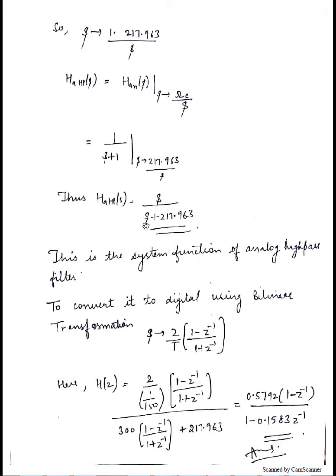Similarly, in the denominator we have S, again we will keep these values, 300, 1 minus Z inverse by 1 plus Z inverse, plus you have to keep the value 217.963.